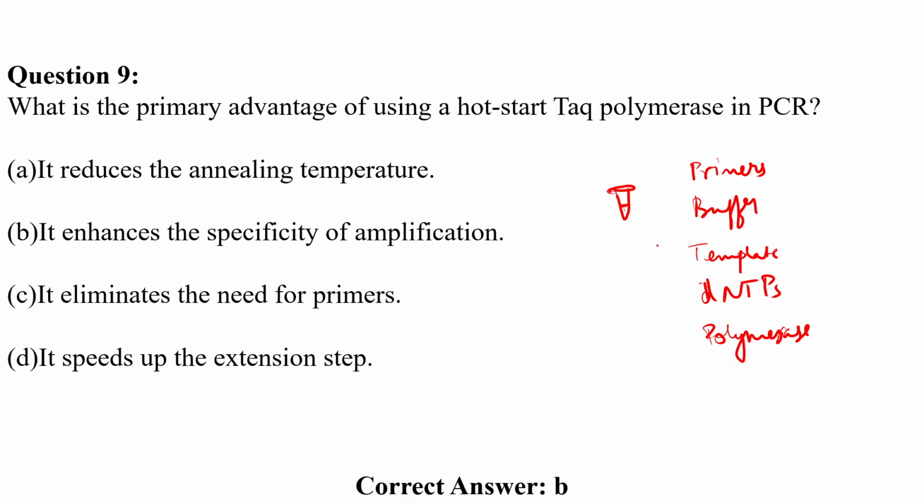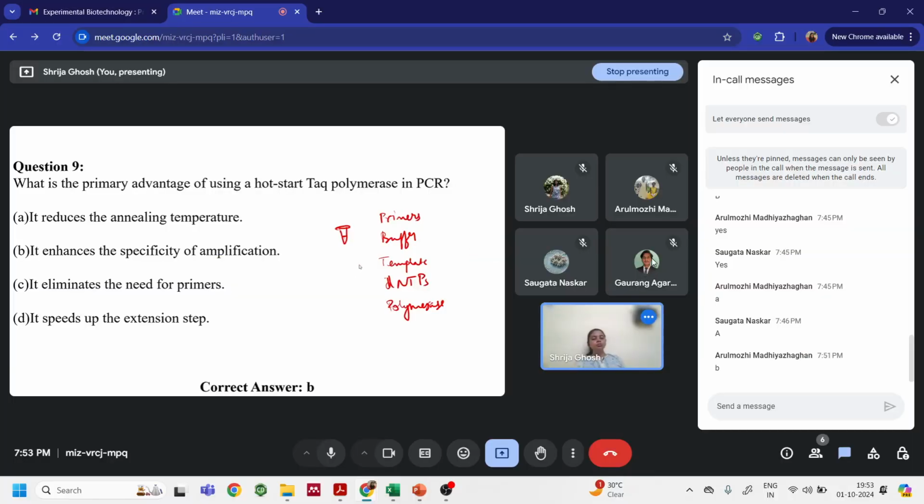So there will be non-specific reactions going on at room temperature, or even if the reaction vials are kept on ice. To prevent those, generally people heat the thermocycler to 95 degrees Celsius and then directly put the vial in the thermocycler.